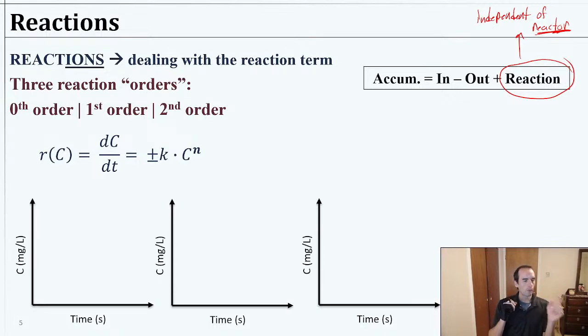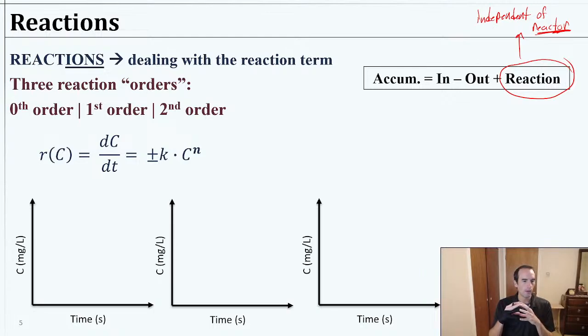But how does that rate depend on how much of this stuff you have? For example, if you have a bank account that has interest, maybe it's a loan and you're paying interest, maybe it's savings and you're gaining interest. The amount of money you gain or pay is dependent on how much is there, what your balance is.